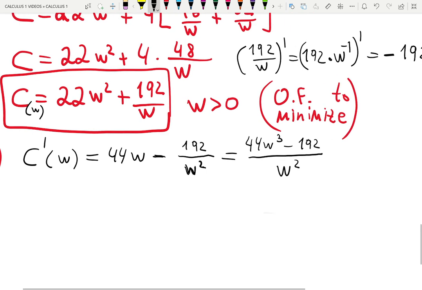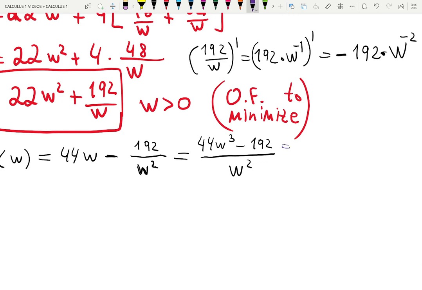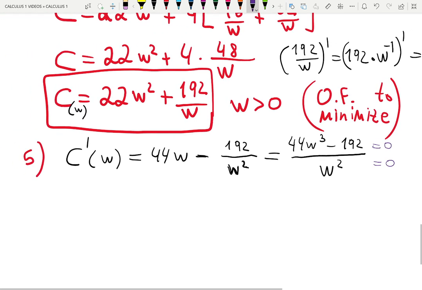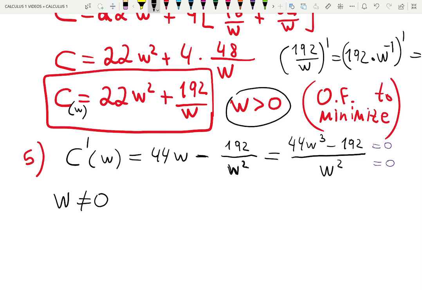Now, I want to see where the numerator is 0 and when its denominator is 0. Those might be our critical points. Well, w is not 0. We already made this restriction over here. Thus, there are no critical points from the denominator. We only need to solve 44w cubed minus 192 equals 0.